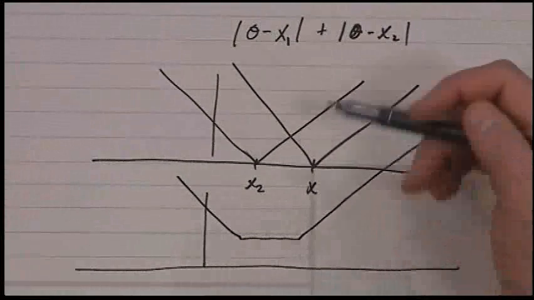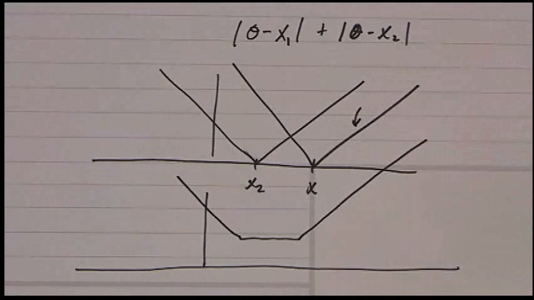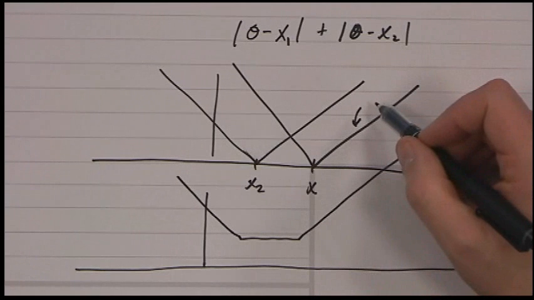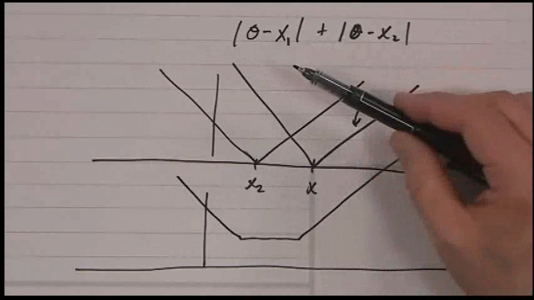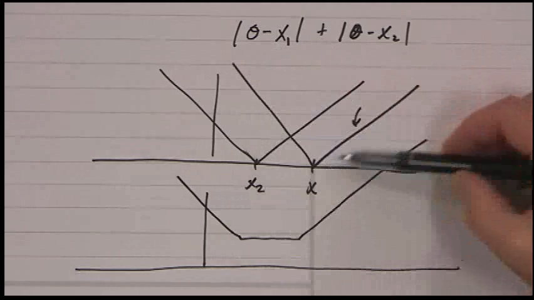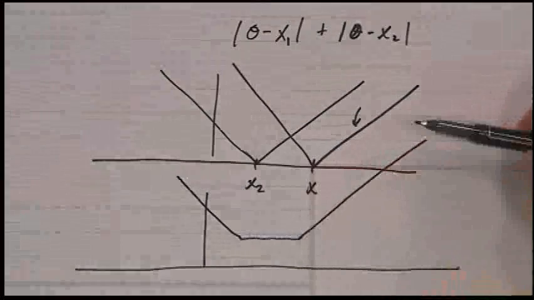Now, one thing is that these are called convex functions. I think people intuitively know what the word convex means, like a convex surface. So this is a convex function. When you sum convex functions together, you get other convex functions.